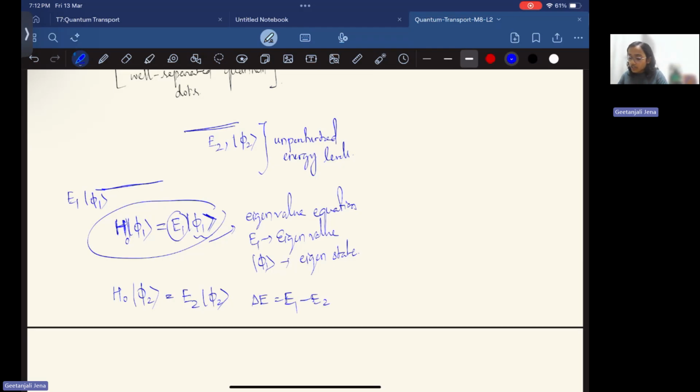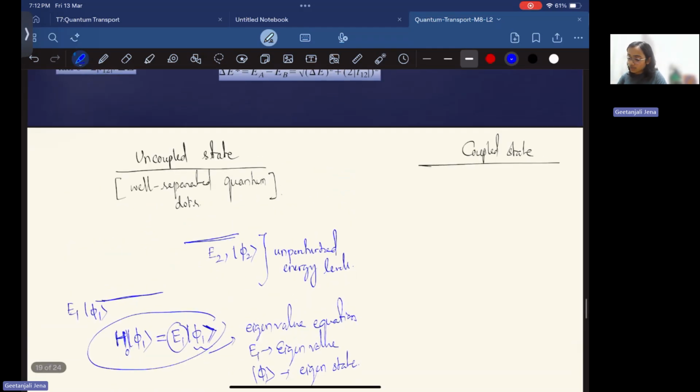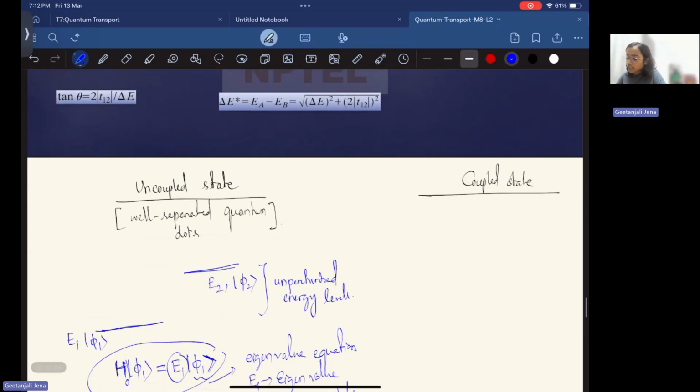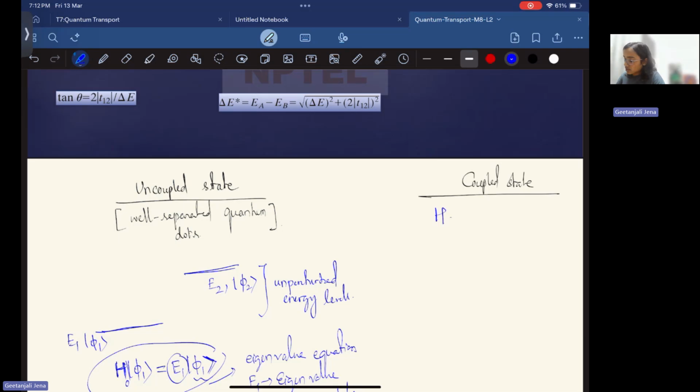It doesn't matter. Now, for the second case, we are bringing these quantum dots close to each other so that they can couple and the energy states can get changed. Because of the coupling, the Hamiltonian operator for this coupled state, we can write as H is the unperturbed Hamiltonian plus some matrix which is related to the coupling between these quantum dots.